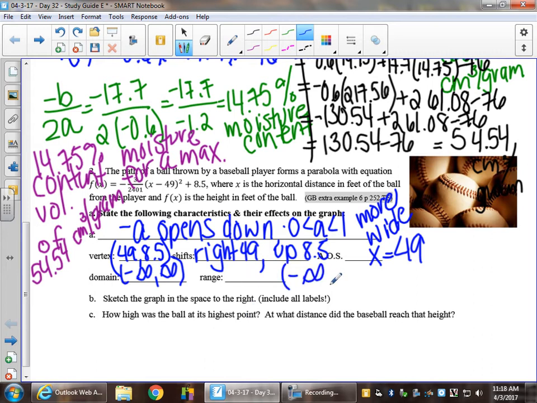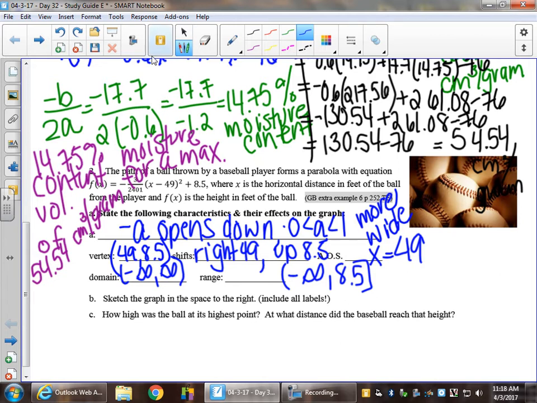So Hector said negative infinity to 8.5. He's not wrong. He's right. But now we have to think about it as real world. So let me explain. You're playing baseball, right? What's the lowest point the baseball can ever go? 0.